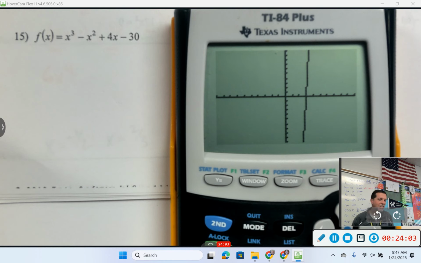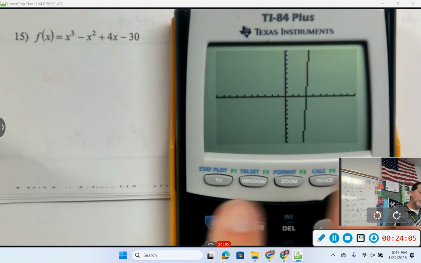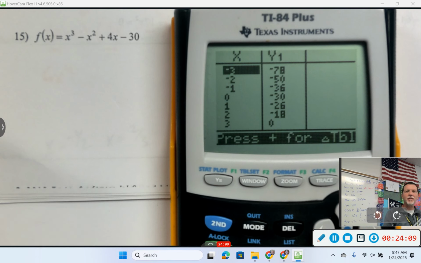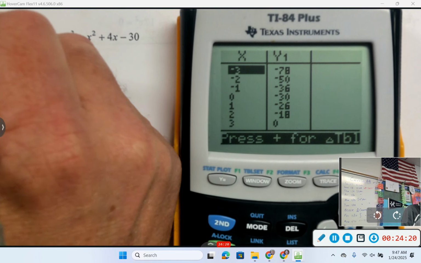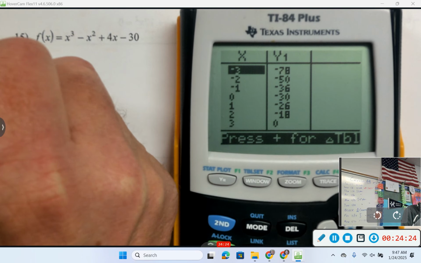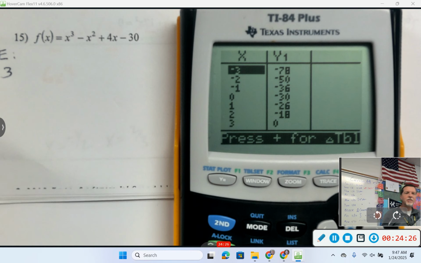If I remember right, the calculator will get you there, but remember, it's sometimes good to check the table because it takes no time at all, and if there's one there, you find it right away. So what do we find as one of our zeros? Yeah, x equals 3 from the table.